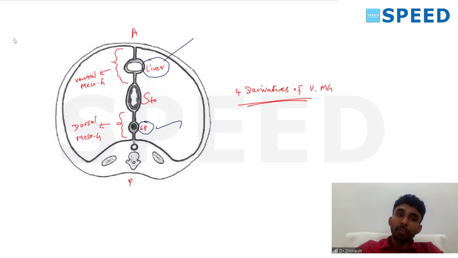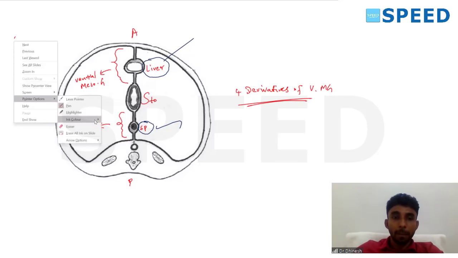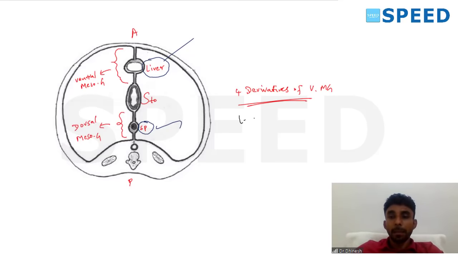The 4 derivatives of the ventral mesogastrium can be remembered by this mnemonic: LESSER FACT. L is representing one peritoneal fold between the liver and the stomach, nothing but lesser omentum. And 3 more derivatives of the ventral mesogastrium.